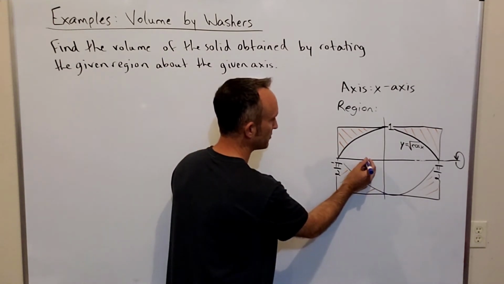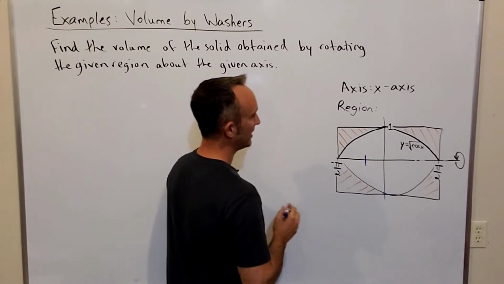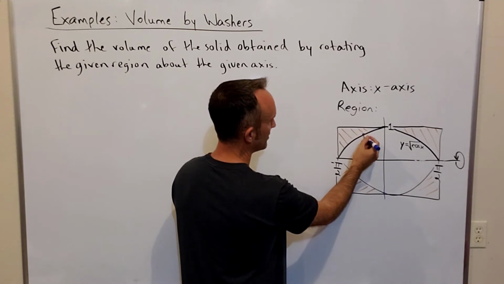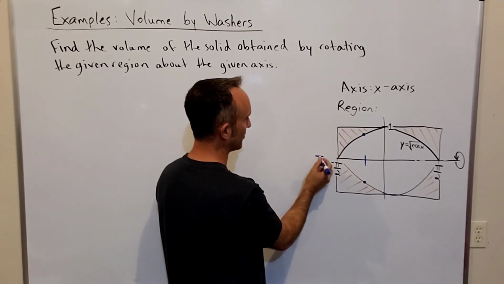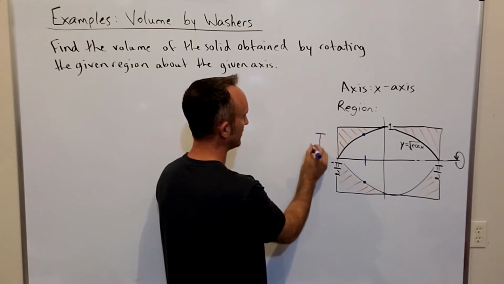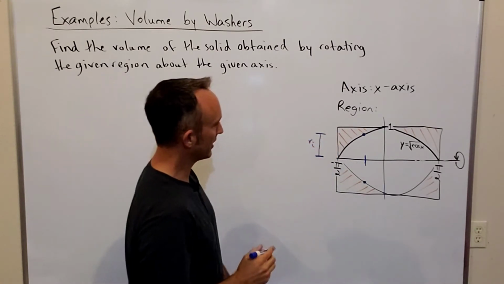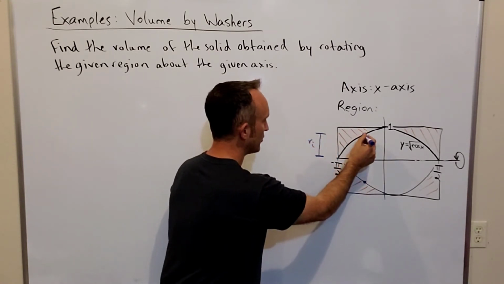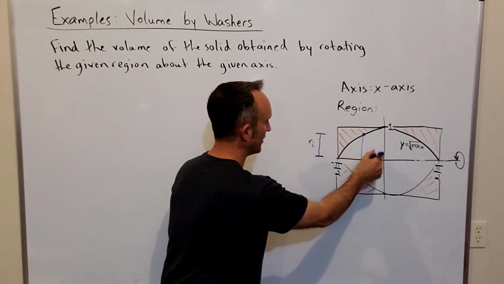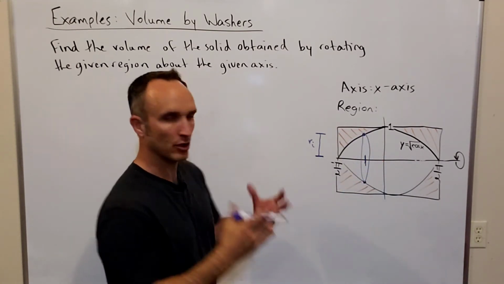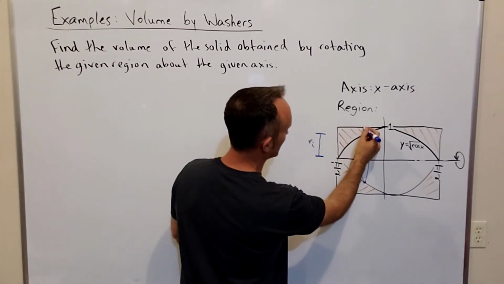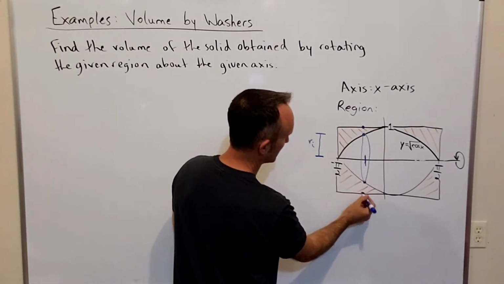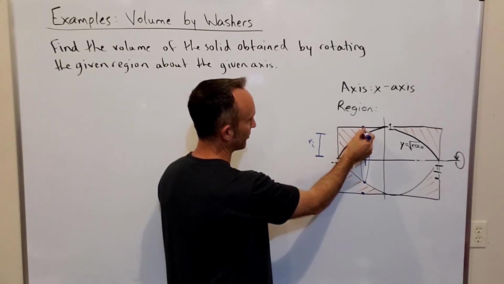So I'll choose to slice right here, and I'll go up here to my inner radius. My inner radius is from my axis of rotation to this point here, okay? That's the hole of the washer. And then through that same vertical slice, I would slice these two outer points to get my outer radius.